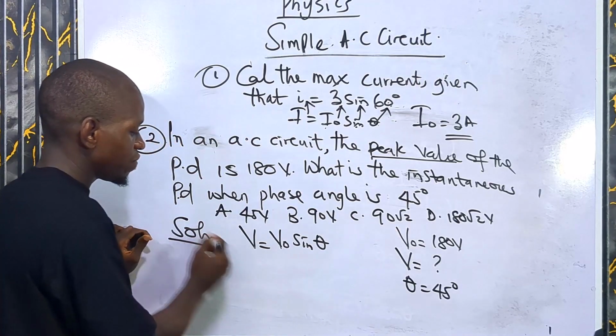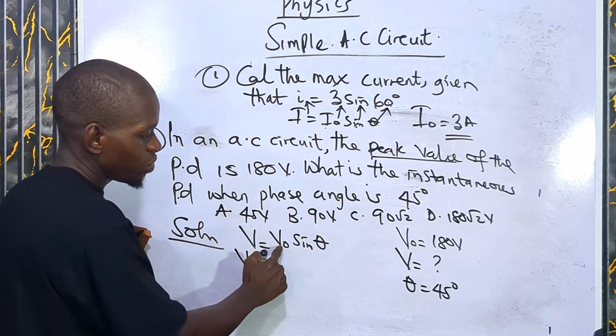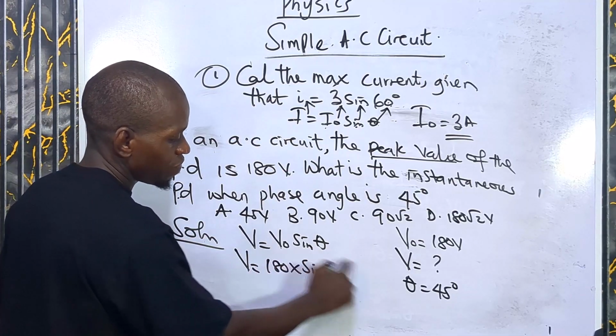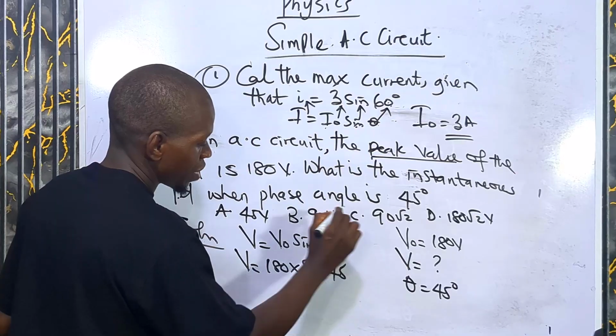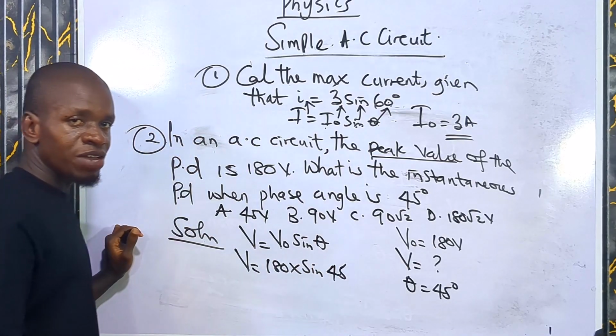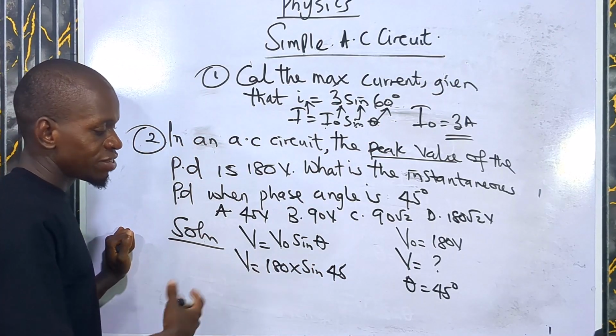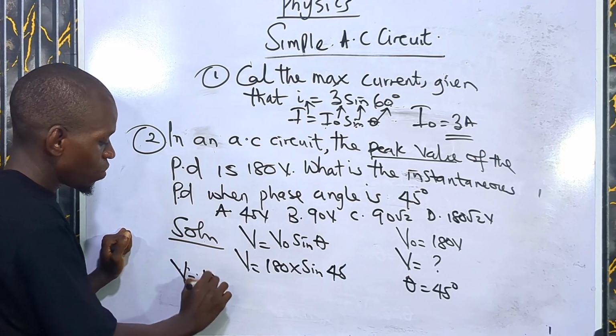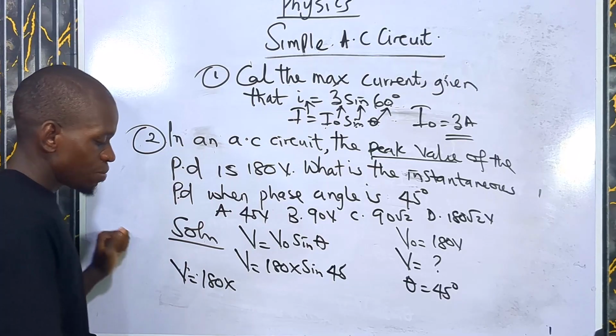So let's substitute the values. V equals 180 times sine 45. Since I'm not making use of a calculator, sine 45 is a special angle.